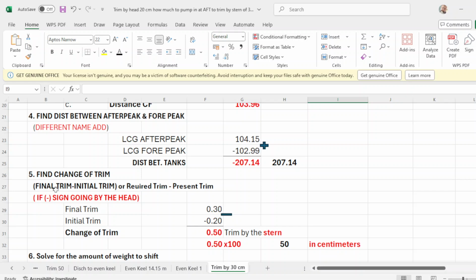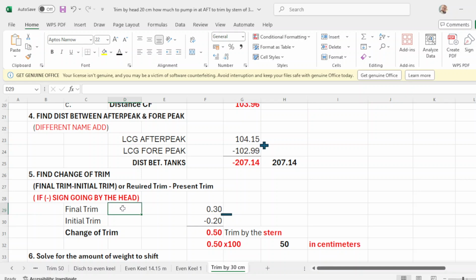It says here find the change of trim. So the formula is final trim minus your initial trim, or required trim minus your present trim. Your final trim should be trim by the stern of 30 centimeters and your initial trim is trim by the head of 20 centimeters.